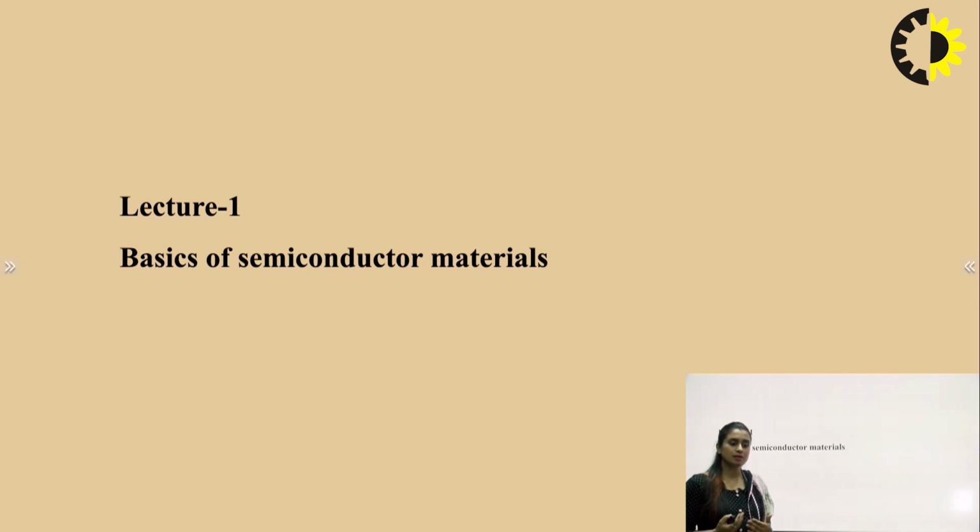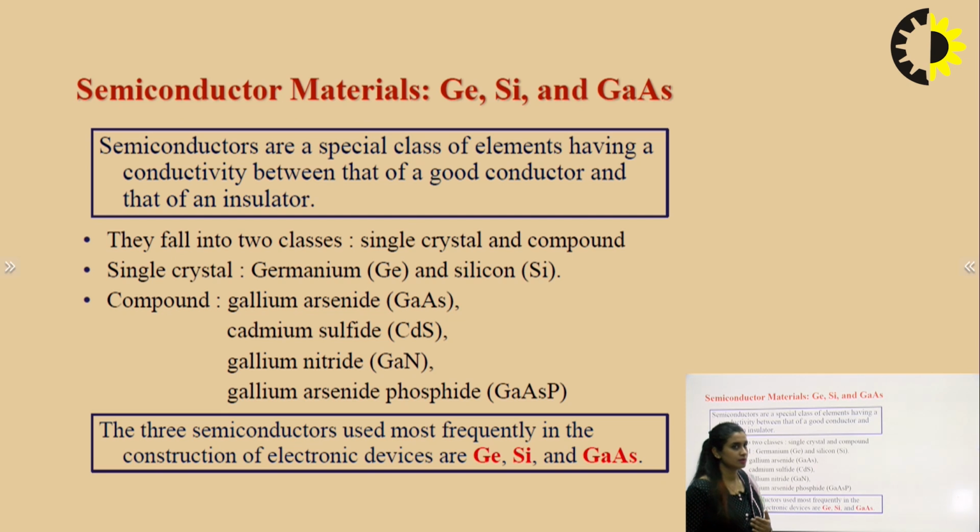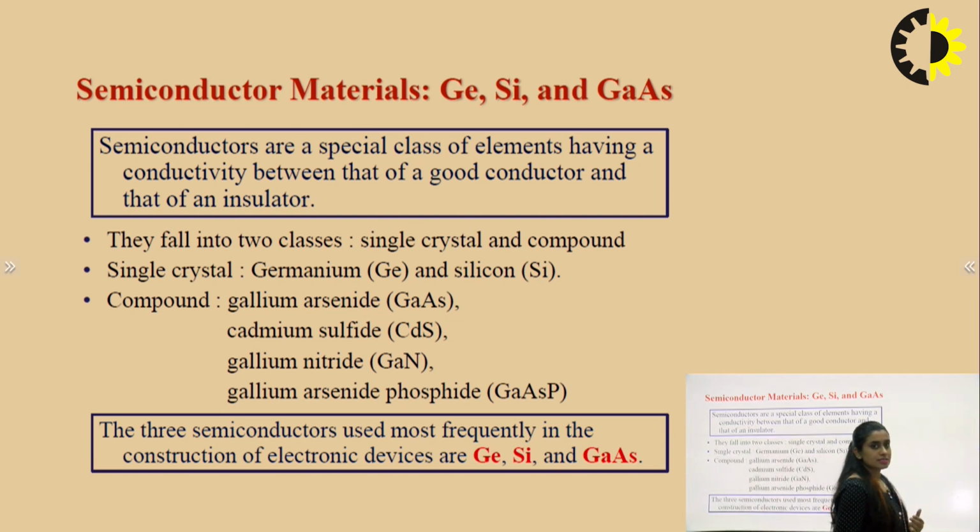What are the environmental conditions that make an insulator behave as a conductor? So we will be talking about all of that. There is a special class of elements that are semiconductor materials. The most famous ones are germanium, silicon, and gallium arsenide.